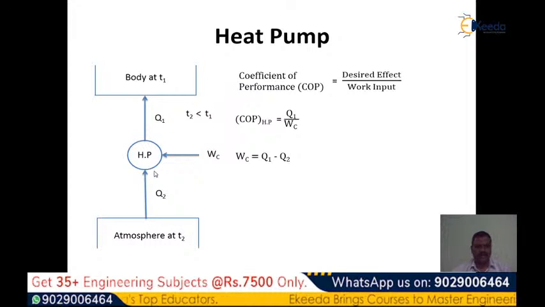All the energy entering is equal to all the energy leaving, so we get Q2 plus WC is equal to Q1. Then WC will be Q1 minus Q2 when we bring Q2 to the right hand side. If we substitute this WC into the heat pump expression, we will have COP of heat pump as Q1 divided by Q1 minus Q2.